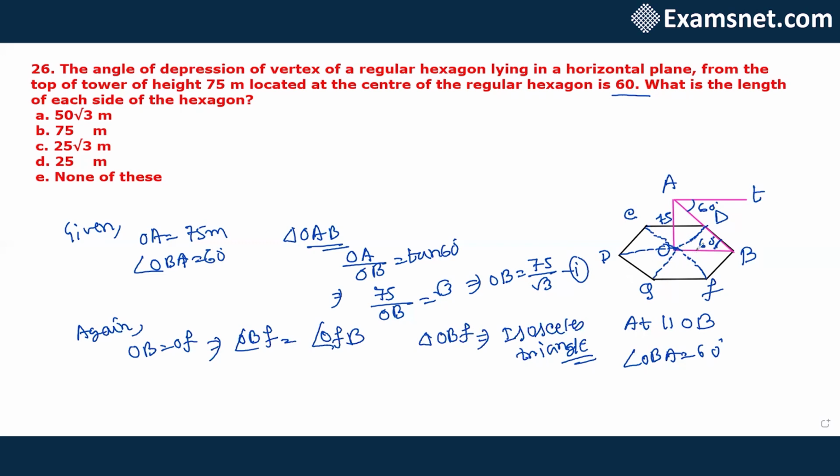So one segment, meaning the angle FOB, since there are 6 segments, is 360° divided by 6. So it becomes 60°.